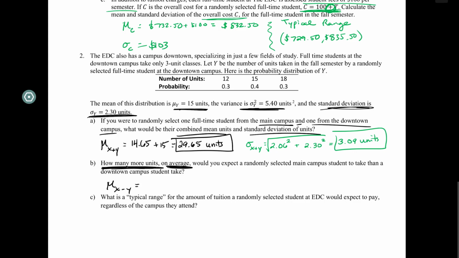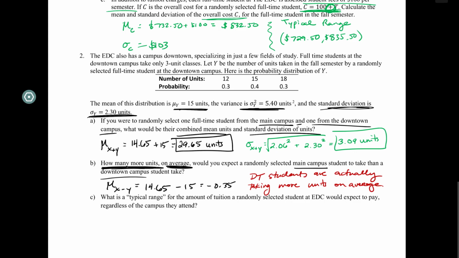But it says how many more does the main campus student take compared to the downtown campus student, so that's the mean from the main minus the downtown. And that gives me negative 0.35. Wait, I got a negative average? How does that make sense? All that's really telling you is that downtown students are actually taking more units on average.